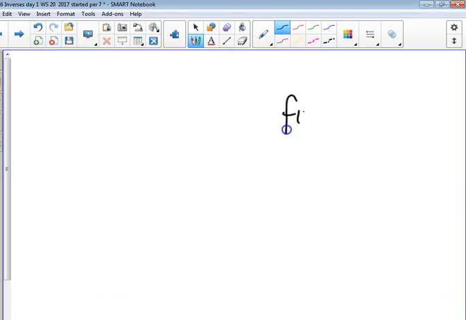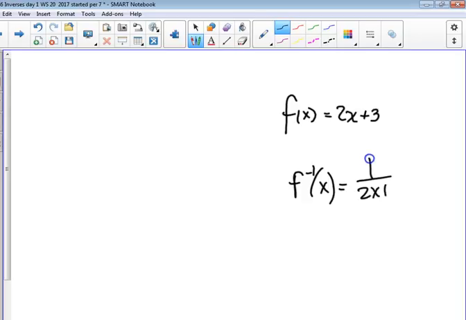Remember when we did functions and we said to find the inverse of this, and then we were all done and we changed it back to this notation? It didn't look like this, right? It wasn't a case of just to the -1 meaning flip it over. It actually meant switch the x and y, subtract and divide. So the answer here was x minus 3 divided by 2.